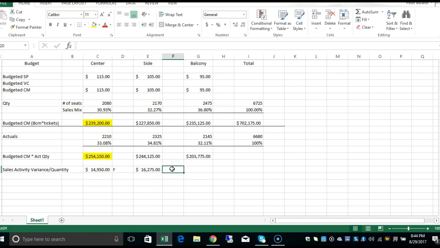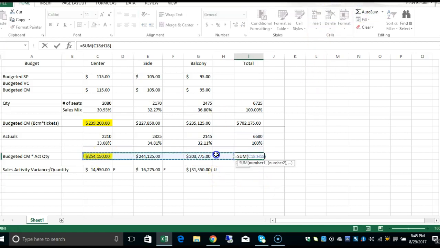We have a favorable variance on the side seats, 244,000 versus 227,000, and we should have an unfavorable variance on the balcony. We'll put a sum here.